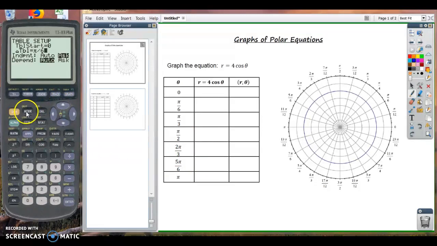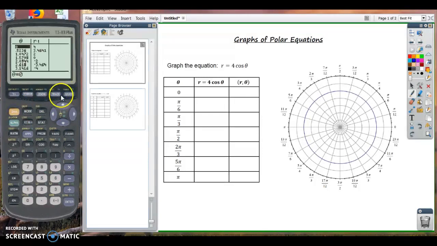In y equals, I have my function in there already. If I hit second graph to pull up my table, I would see some values in here. And I have to do one other thing on my table. I want it to be on auto, not on ask.